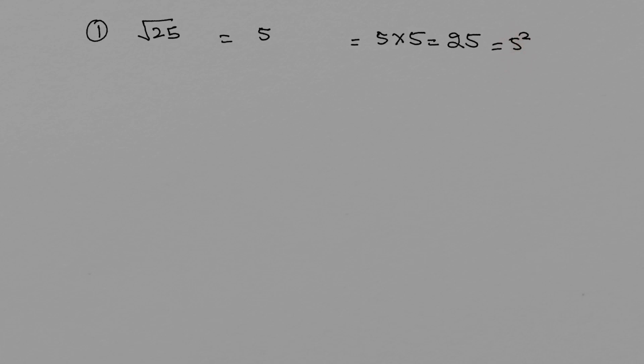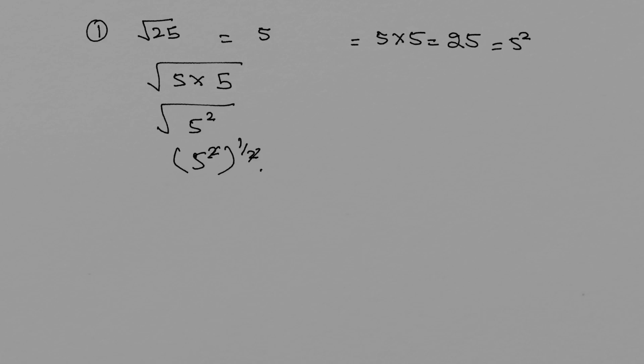So whatever number you multiply by itself, like 5 times 5 is 25, makes it 5 squared. Then the square root of 5 squared equals 5. So that's how we find the square root of 25. It's basically the opposite.